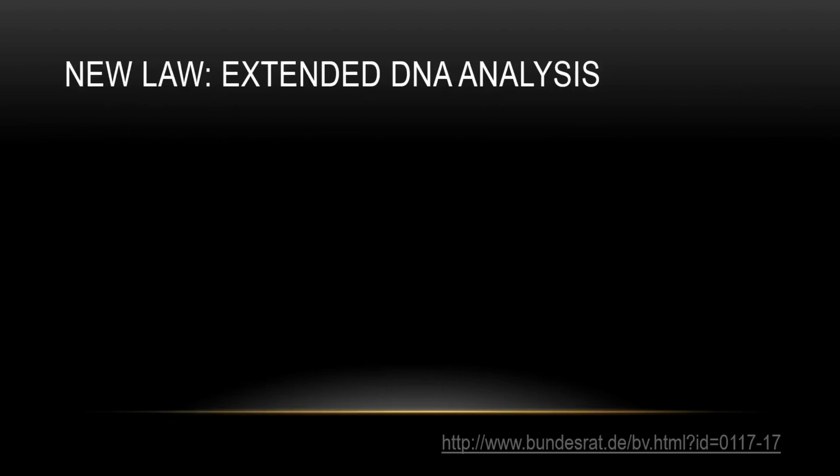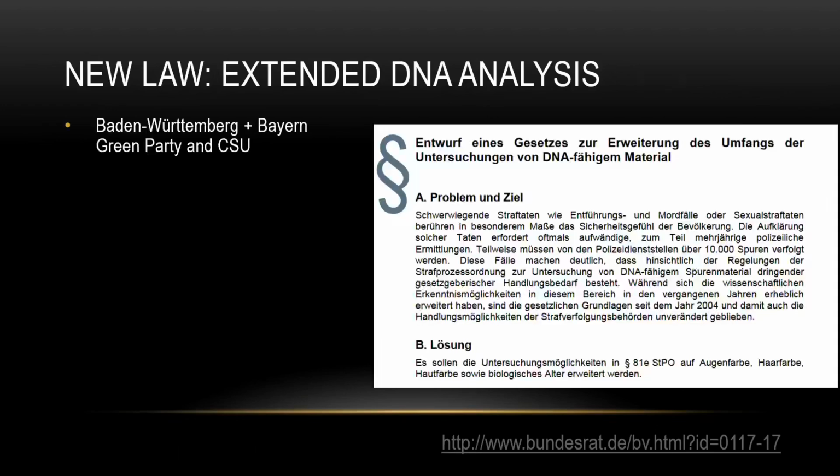There is now a new law to come, so not already here yet, but proposed by Baden-Württemberg, which is now governed by the Green Party, and Bavaria, which is governed by the Conservative Party, CSU. And they wish to draw more conclusions from our DNA.